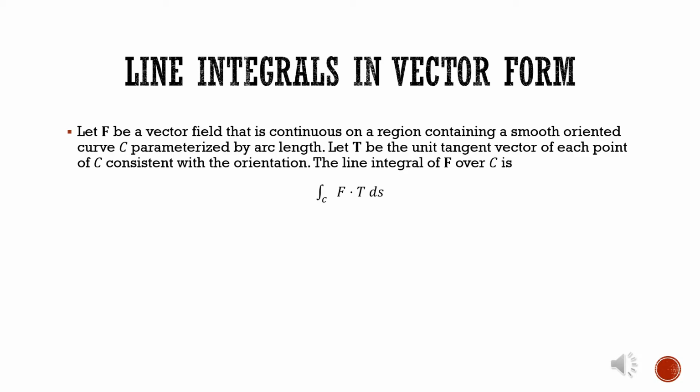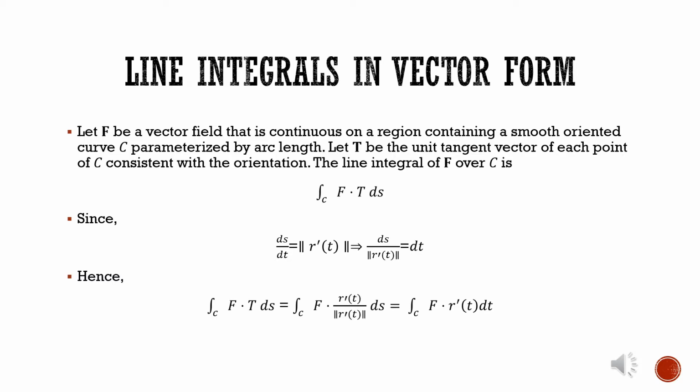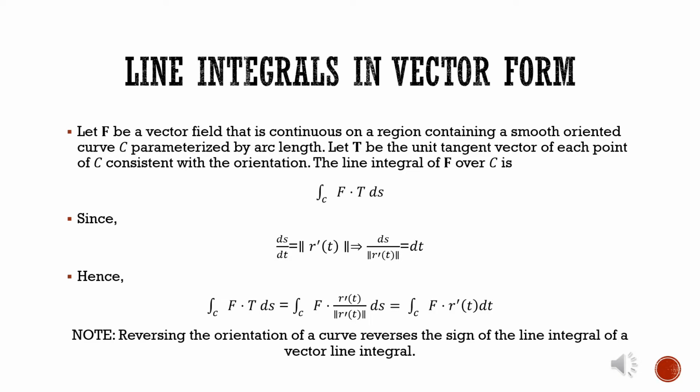Since ds over dt equals the modulus of r prime(t), dt equals ds over the modulus of r prime(t). Hence, the integral of F dot T ds equals the integral of F dot r prime(t) over the modulus of r prime(t) ds, which equals the integral of F dot r prime(t) dt. All students must take note that reversing the orientation of a curve reverses the sign of a vector line integral.